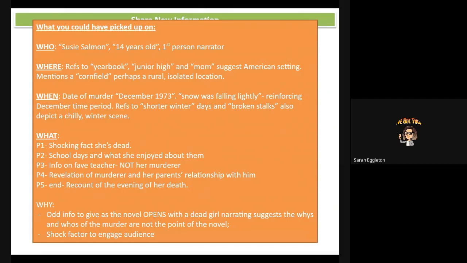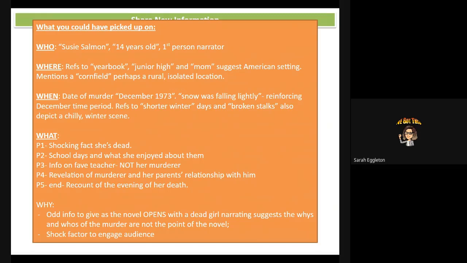Some of my ideas are that she introduces the narrator as dead at the beginning to shock us and engage us. I think she shifts the focus to her school days to reveal what sort of person the narrator is. It helps us to understand the narrator and empathise with her.